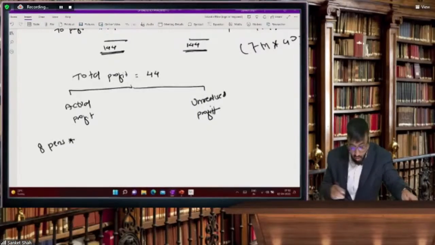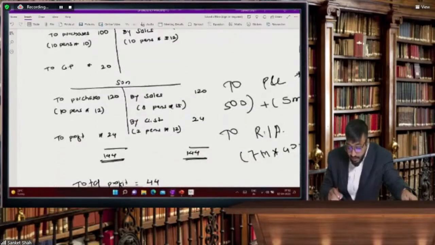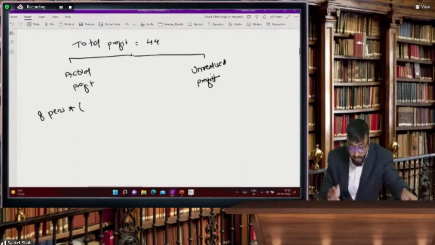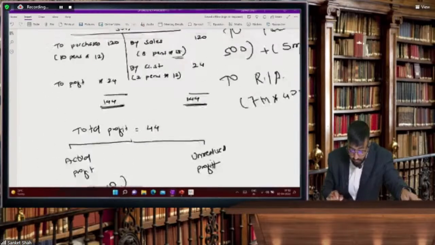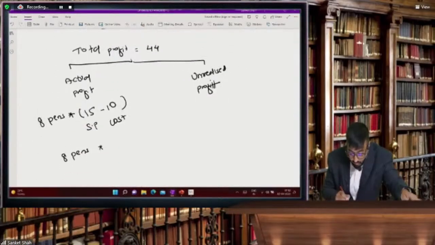So 8 pens you are going to sell to an outsider at 15. And what is dad's cost, beta? This is the selling price. And what is the department's cost? That is dad's cost. You will tell departmental profit, no. Overall profit, when it is cost for dad. And what is the cost for dad? 10 rupees. So 8 pens, you sold at 5 profit each. So this is 40 rupees. Beta, you answered wrongly, no?